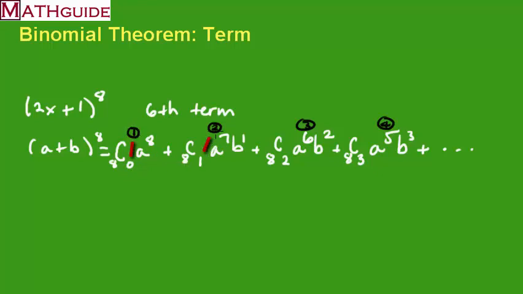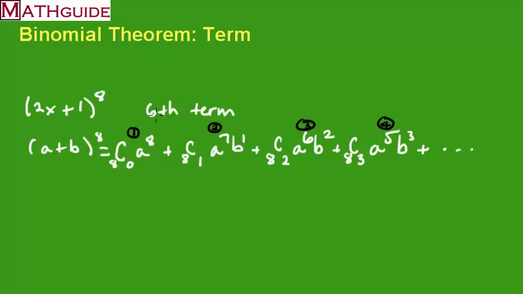Here I've got term number 2, but that number is 1. Term number 3, but that number is 2. So there's a very simple pattern there as well. You can also see that whatever the second number is in our combination, it always matches the second power. The 3 matches the 3. The 1 matches the 1. A lot of interesting patterns going on, and that's what mathematics is all about, finding these patterns.